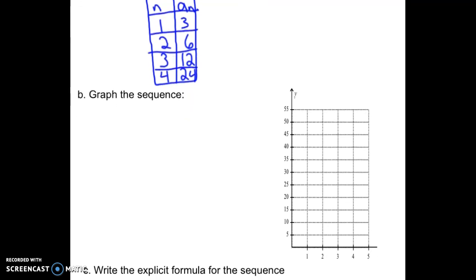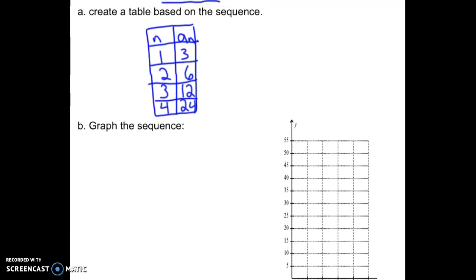From there, you need to graph it. So like we talked about with functions, you can consider this, the n, to be the input. So I'm going to write input up here. Please write input, which means the a sub n is the output, or the outputs, I guess.